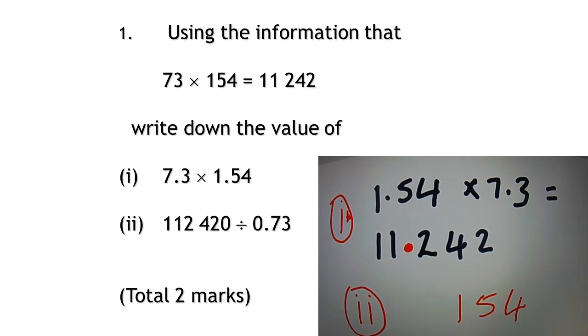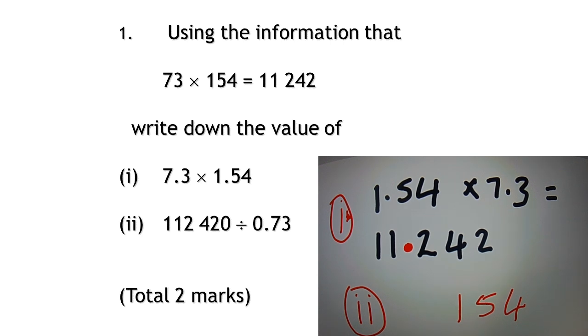And why did I say that? Because you can see at the top here you've got 73 multiplied by 154. So your answer must include 154, something to do with that.